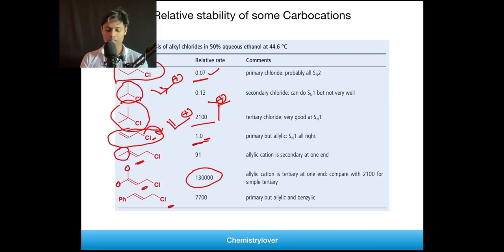In this case you can see this is not exactly benzylic, because it is allylic and this phenyl group is at the terminal, so this phenyl ring is also in conjugation with this, and that's why the stability is higher, but it is lower than this one. So we can say that the effect of alkyl groups in stabilizing a carbocation is much higher.